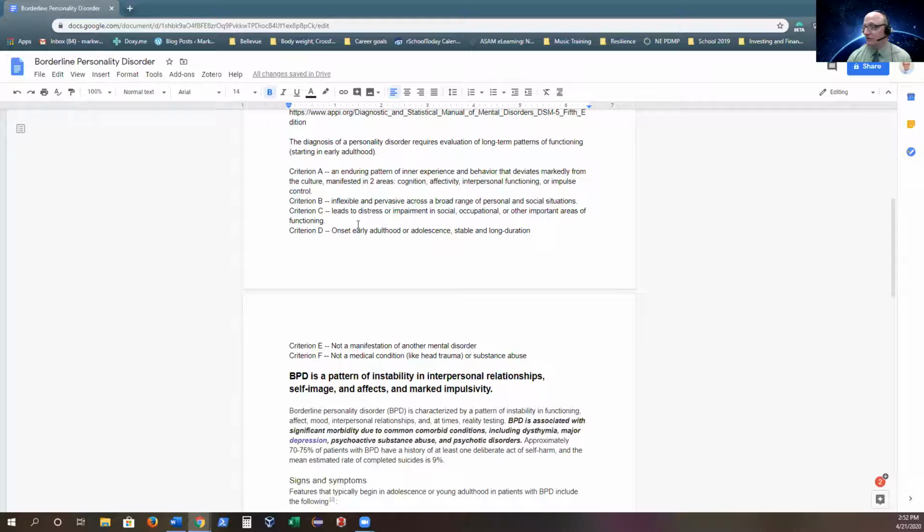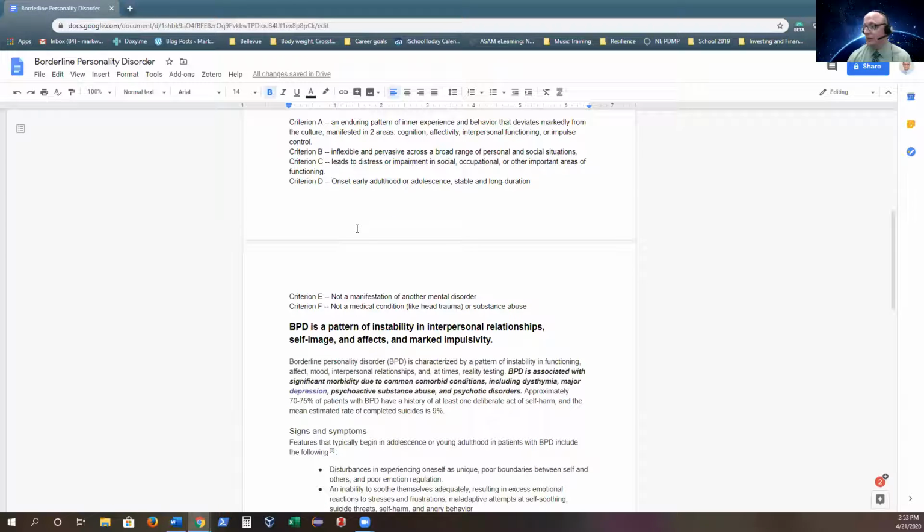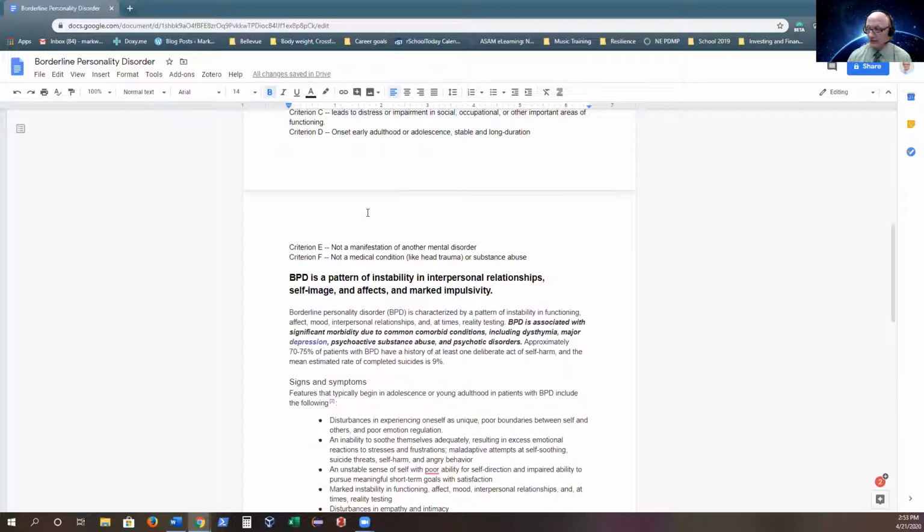Criterion C, leads to distress or impairment in social, occupational, or other important areas of functioning. So it may not distress the person, but it leads to impairment in a bunch of important areas of functioning. And criterion D, early onset in adolescence or early adulthood, stable, long duration, it doesn't go away, doesn't change.